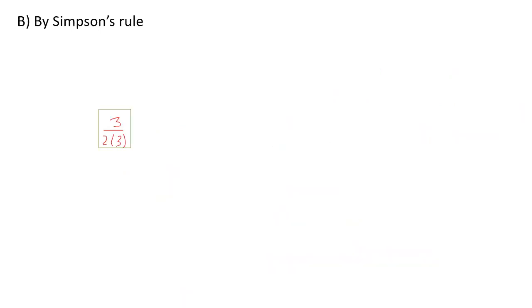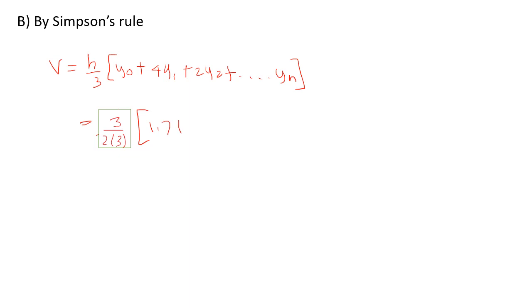Using Simpson's rule, your V equals h over 3 times y0 plus 4y1 plus 2y2 plus so forth up to yn, equals 3 times 2 all over 2 times 1.71 plus 4 times 2.36 plus 2 times 2.96 plus 4 times 3.51 plus 4.